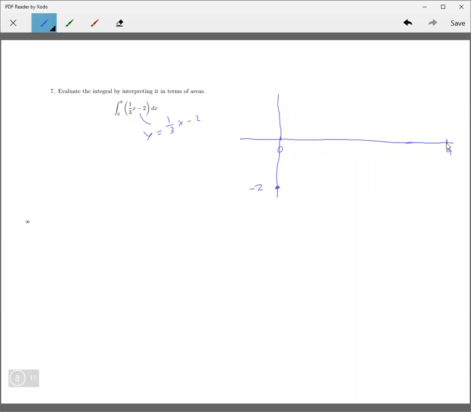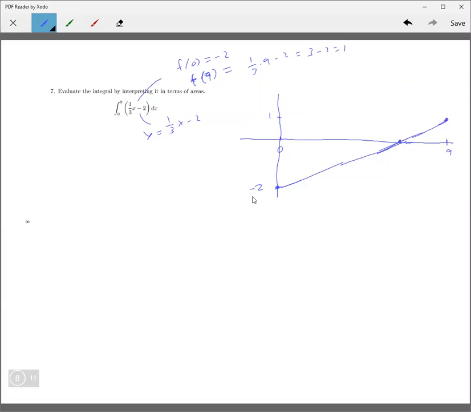And when you're at 9, f of 0 is -2, f of 9 is 1/3 times 9 minus 2, which is 3 minus 2, which is 1. Okay, so the curve is going to look like this, a line segment, something like that.